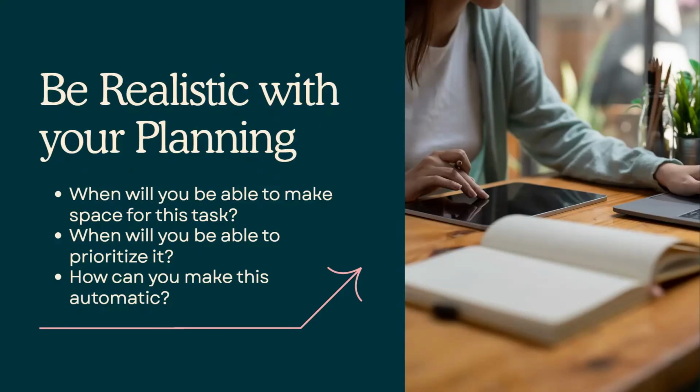So if you have a discussion post due every Sunday night for one class that you're always kind of last minute on finishing up, it doesn't make sense to make that your regular note review time for a different class. So think about a time when you can really stick to making it the priority, when nothing else will take priority. And think as well about how you can make it more automatic.